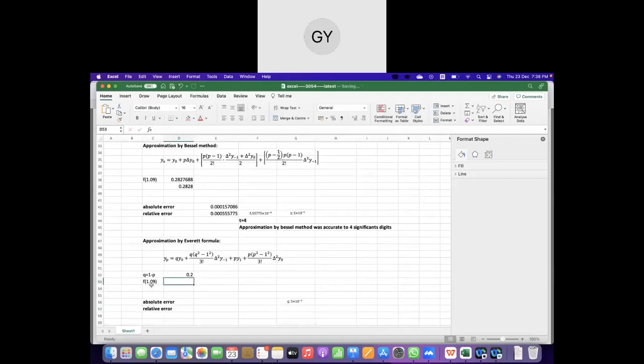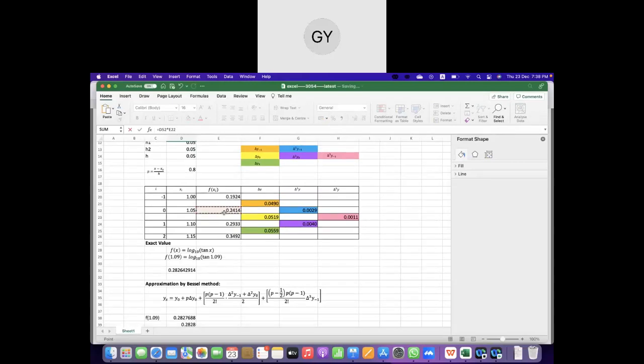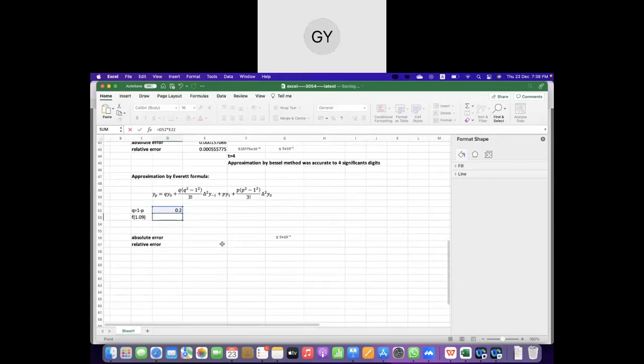So we can start inserting our formula into the approximation by the Everett formula. So it equals Q, which is 0.2, times y0, which is 0.2414.